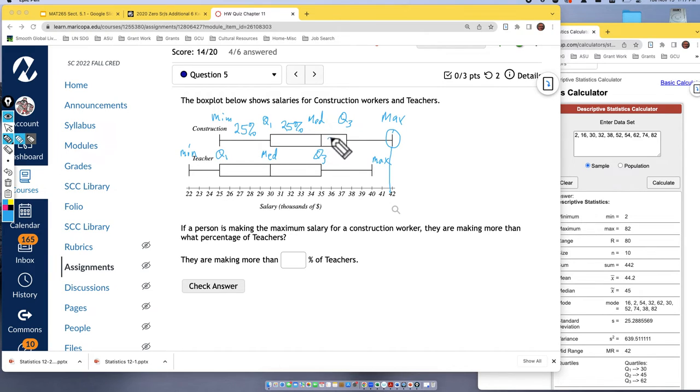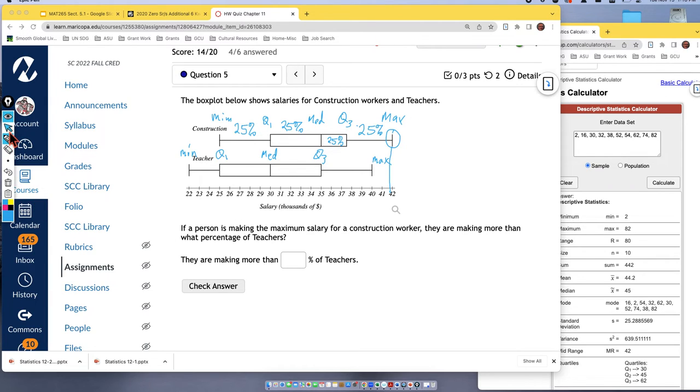This little part here is 25% of the data. So notice, even though it's 25%, this bottom quartile is more spread out than the top. Each of these is 25%. So yes, this would be 100%. So that one's not too hard to answer.